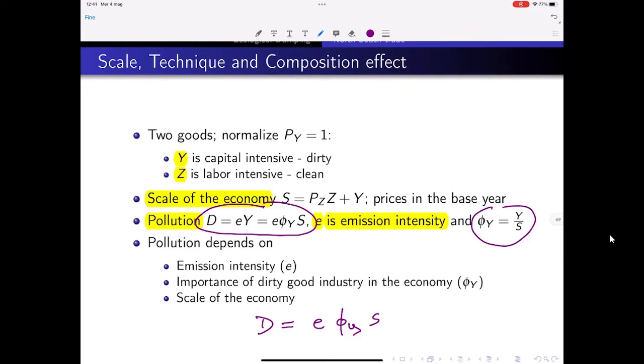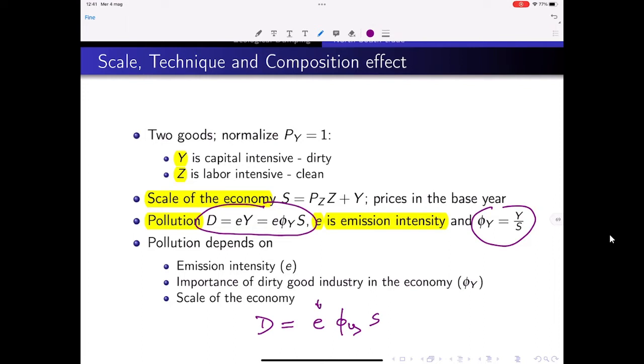So I have 3 components: E, emission intensity, the proportion of the polluting sector in our economy, and then the size of the economy. These are the 3 components that here play a role.